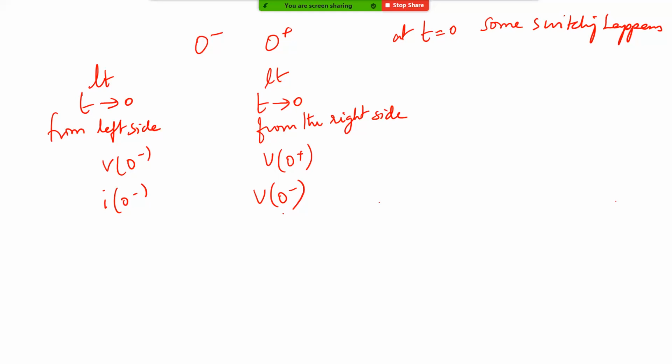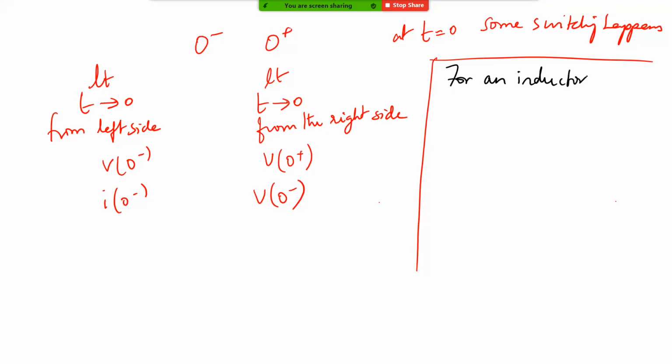Now for an inductor, let's say some switching has happened. For an inductor, when some switching has happened at t equal to 0, what can you say about the current I of 0 minus and I of 0 plus? They will be the same.